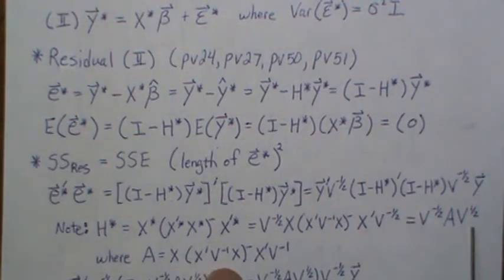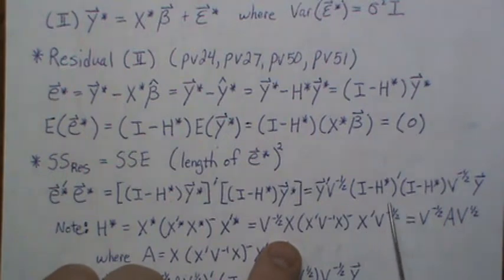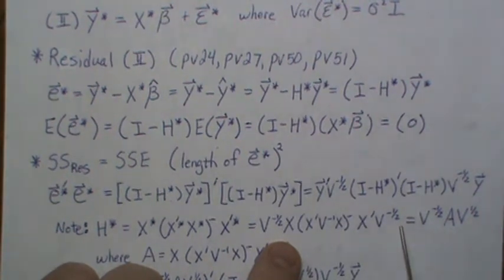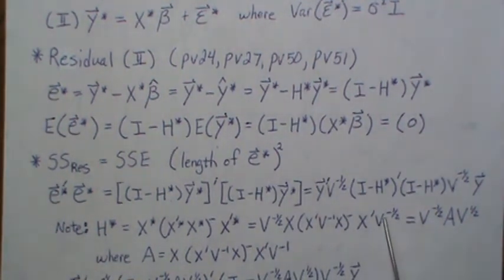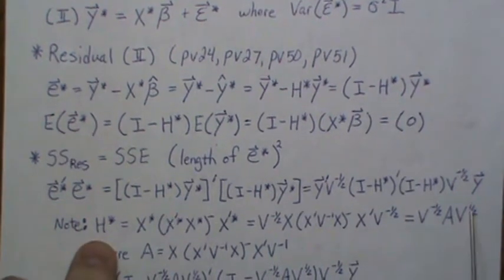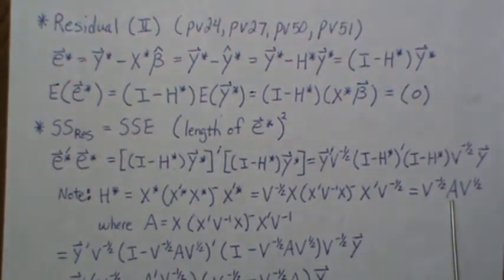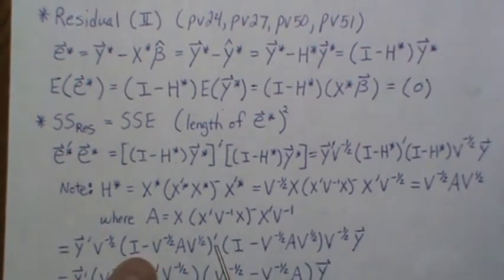So the v to the minus 1/2 is clearly this, and the A is this, but this needs to be multiplied by v inverse. So if we multiply by the identity matrix, v to the minus 1/2 v to the 1/2, then that can be brought in to make it equal this, but we're left with the v to the 1/2. So h star can be represented like this. Now let's plug this in for the residual up here, and then we're left with this.